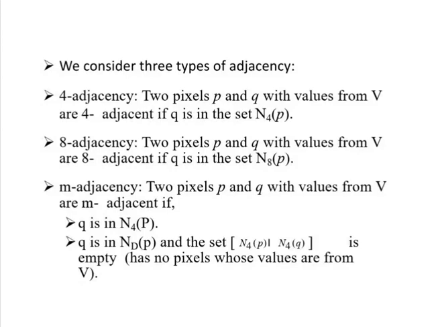Here V is the set of gray level values used to define connectivity, then 2 pixels P, Q that have values from the set V are as shown in the figure.